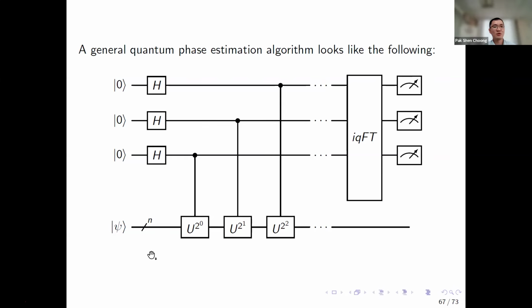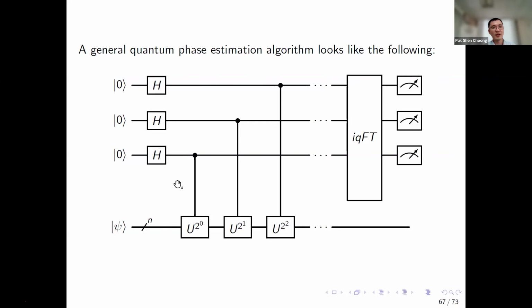So this depends on the kind of quantum state that you want to estimate the phase with. So if let's say this is some n qubit quantum state, then this is basically n qubits. How many qubits you need on top depends on the precision that you want to measure. The more, of course, the better.